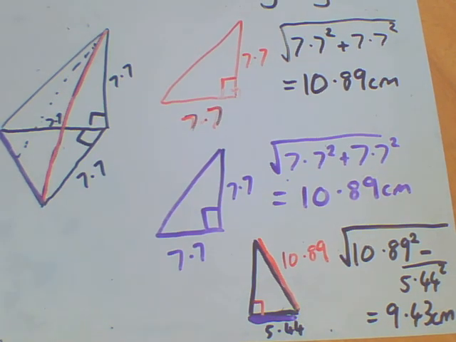It doesn't matter if you have different numbers on yours, but it will allow you to follow the method through, hopefully, and work through those questions. Hope this has been helpful. Good luck.